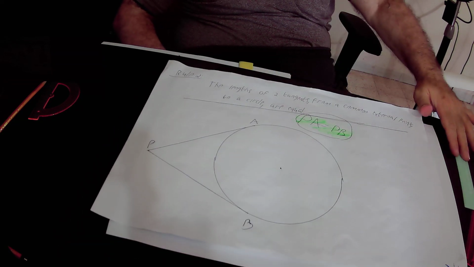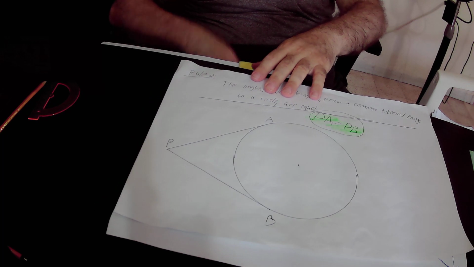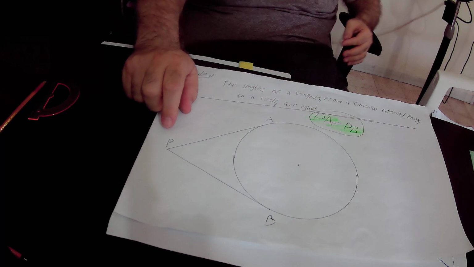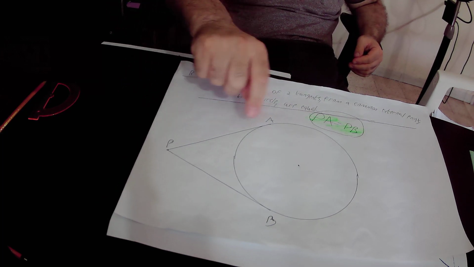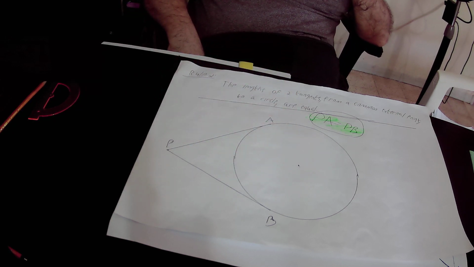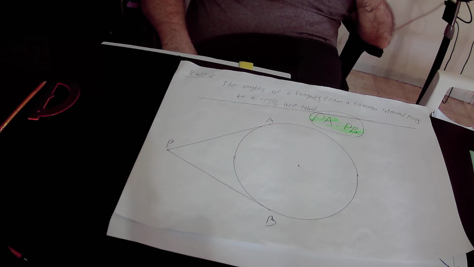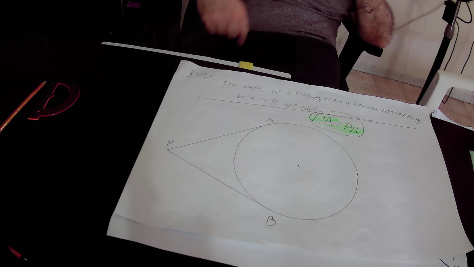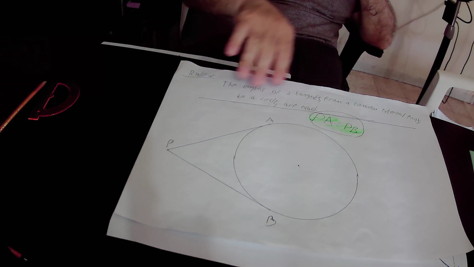So we have here the common external point, point P. From the common external point, point P, we have two tangents to this circle, tangent PA and tangent PB. And according to rule number 2, the lengths of those two tangents are equal to each other. That is to say, PA equals PB.